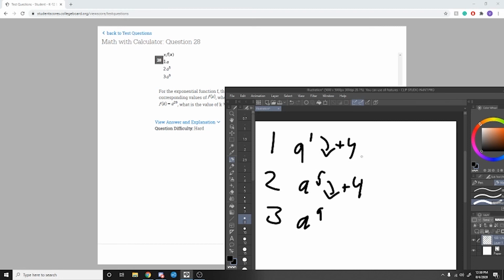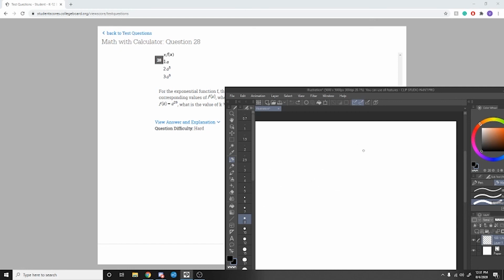Hold on. Okay, never mind, I'm stupid. Let's go back to the equation. It's basically f of x. If you look at it, you see the plus 4, that shows 4x.